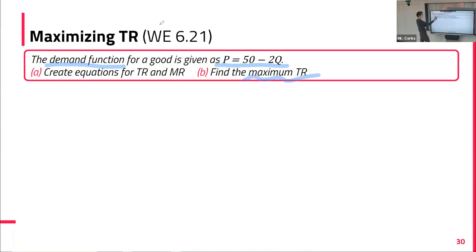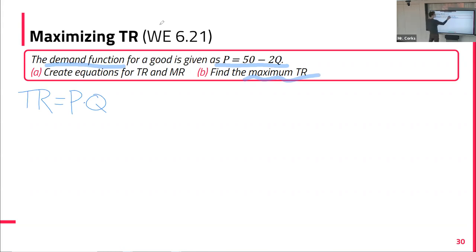Okay, so let's try to make an equation here for total revenue for this scenario. What is our basic equation for revenue? Right, price times quantity, P times Q. How can we use this to make an equation?